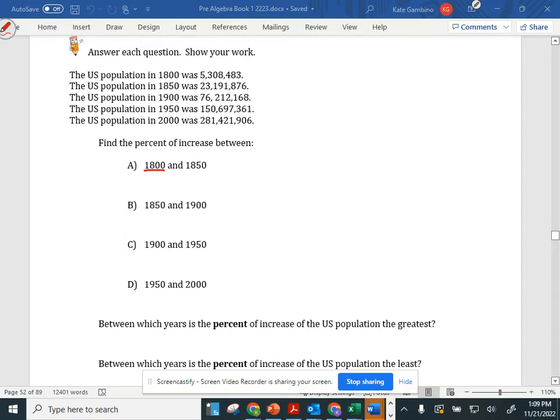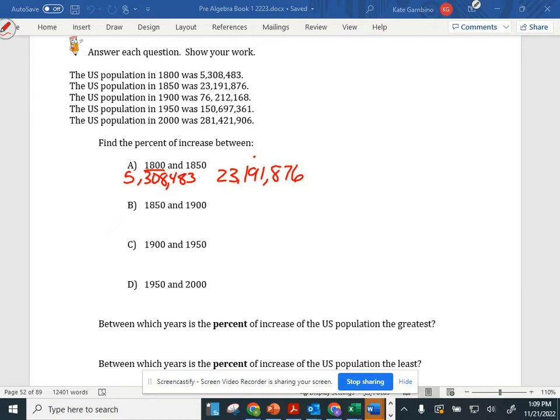In 1800, we had 5,308,483. In 1850, we had 23,191,876. We need to subtract those two.